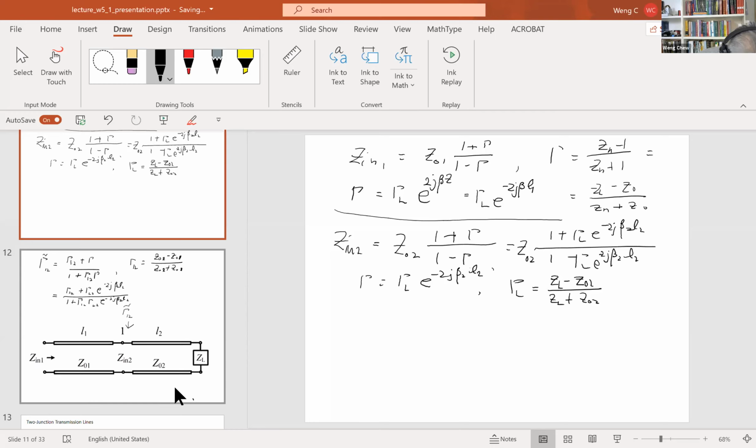So now we plug it in, and then I would figure out gamma 1, 2 tilde, which is the reflection coefficient at this end over here.